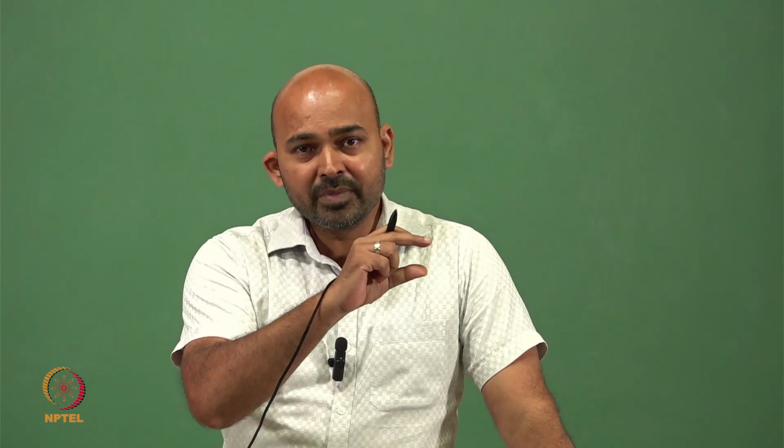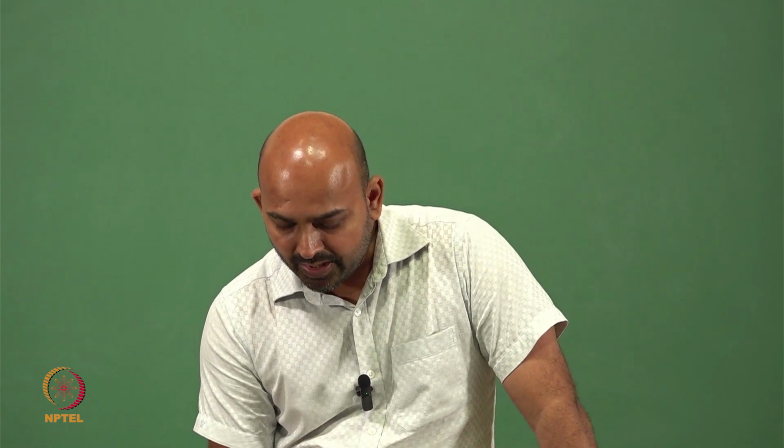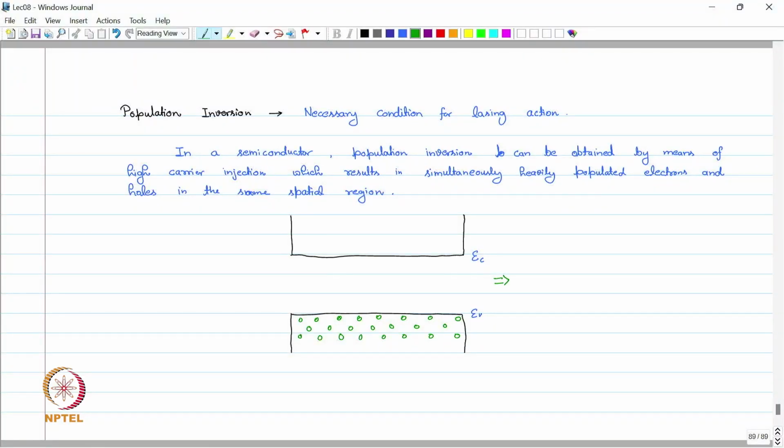It means the conduction band is completely filled on the bottom, however the valence band is empty at the top. So after population inversion, the bands look something like this.